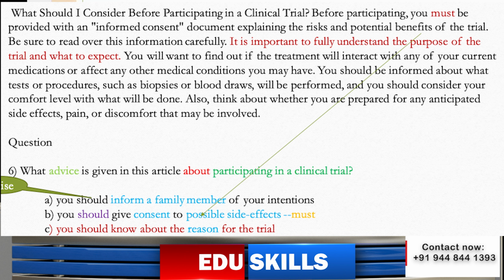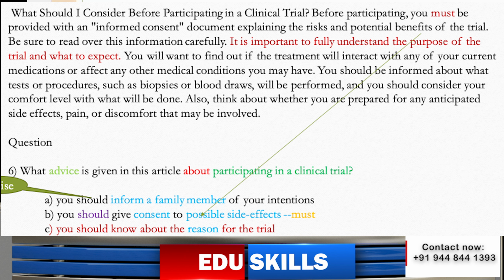So "must" means it must be followed. It's not advice. When we are doing trials or procedures, we have to, that is our regulatory requirement, right? This is compulsory. We have to inform the consent.